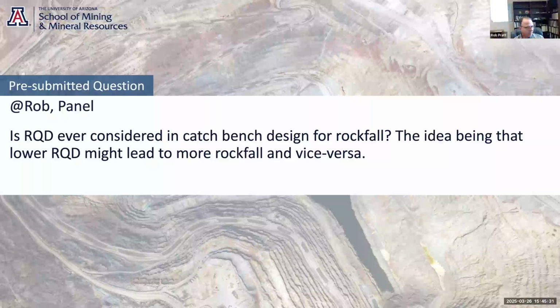Yes, it's a great question, and I get the idea. There really are no very reliable relationships between the two, but the simple concept that a more fractured slope is more prone to rockfall is a pretty widely accepted idea. I think that's the essence of the question.